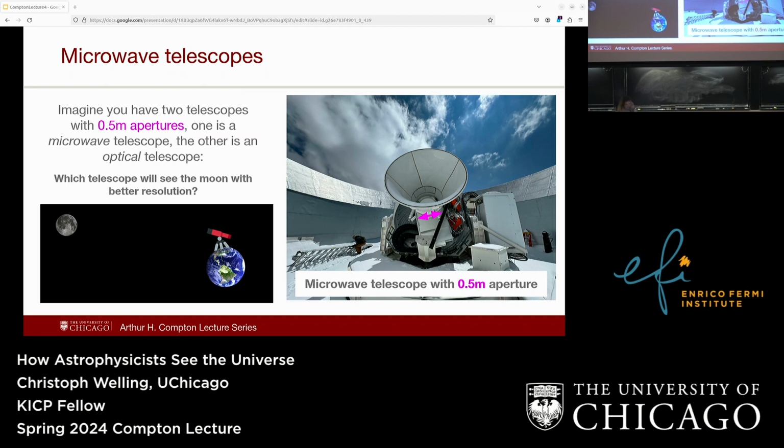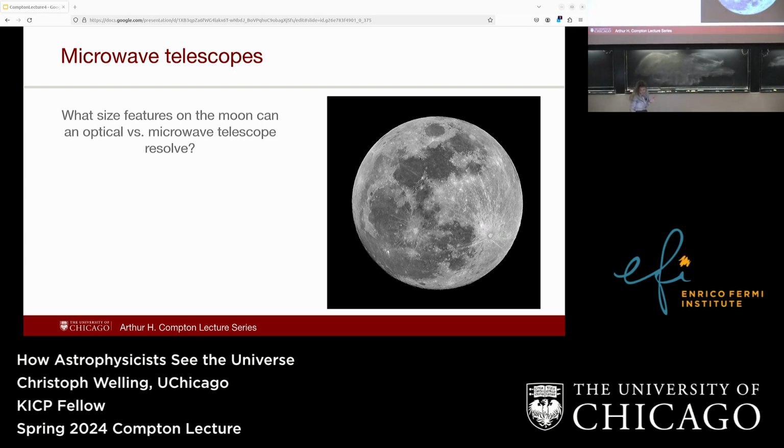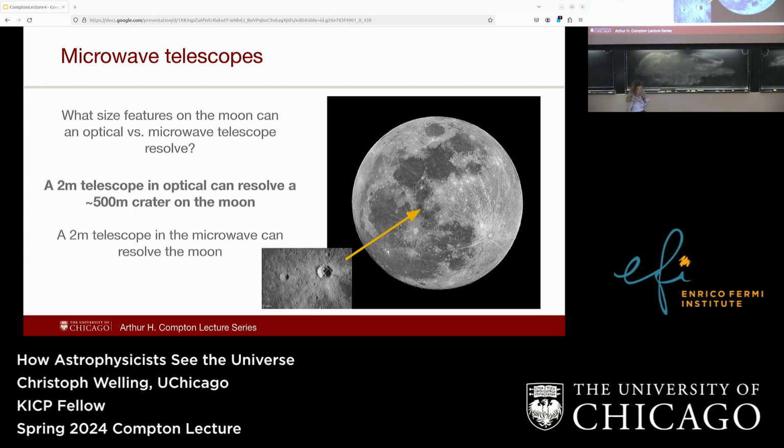But there's a half-meter telescope, and now let's ask, with that half-meter telescope, what feature size on the moon would it resolve? How big of a feature could we resolve on the moon? First, let's talk about the case that we're more familiar with, which is the optical telescope. That resolves about 500 meters across on the moon.